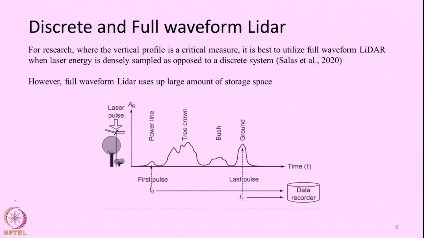But as I told you, for some research purposes, especially vegetation monitoring, carbon cycle applications, and vegetation biomass applications, it is always recommended to store the full return of the waveform that came back. So full waveform LIDAR is preferred. Whenever you want to measure the biomass of a standing tree, especially forested trees, they may have a large number of leaves which will produce multiple returns.